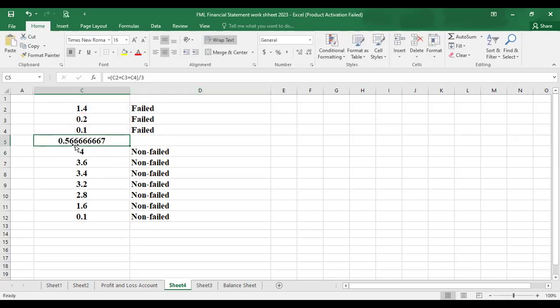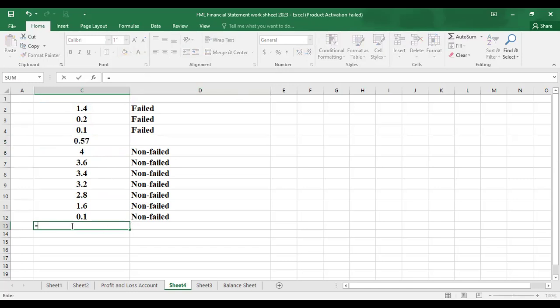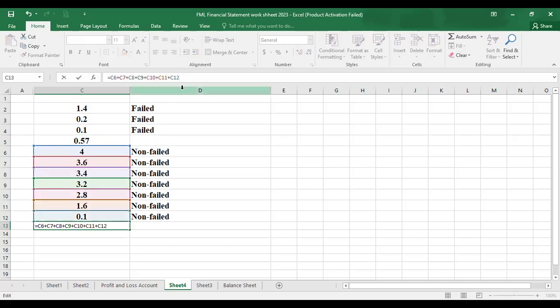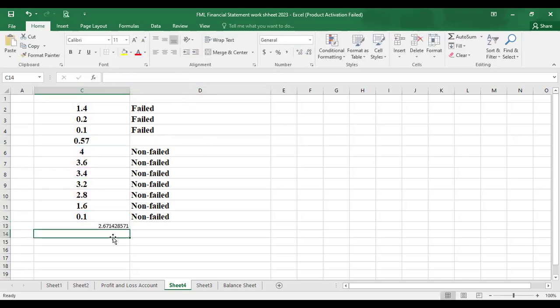So we have 0.566, or 0.57. Then computing the average for the non-failed, divided by 7, since it's 7 entities. Okay.